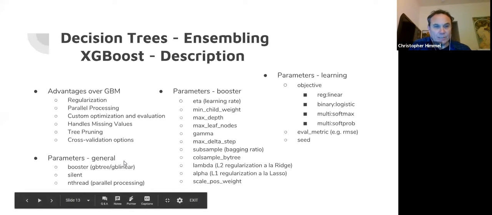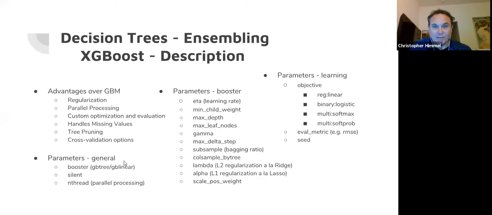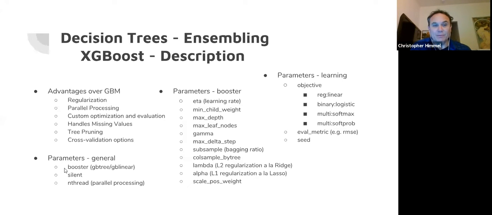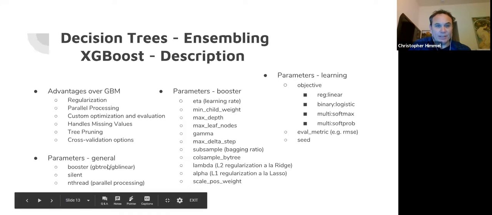Okay, so some of the parameters for XGBoost. A lot of these are similar to the gradient boost, but some additional ones. So you can define what type of simple weak learner you're going to work with. It can be a tree or linear.